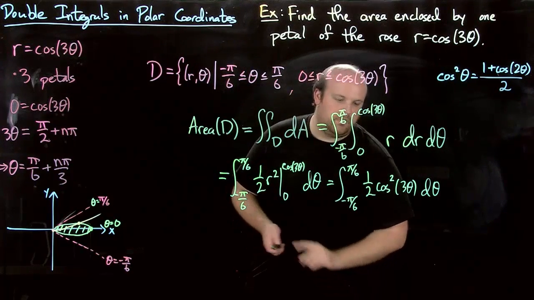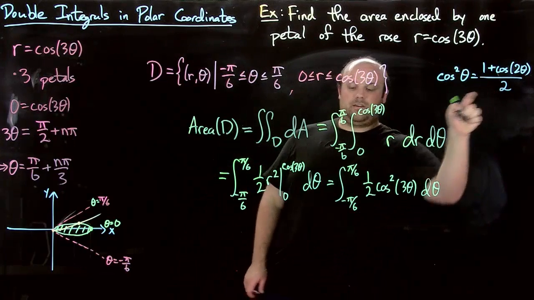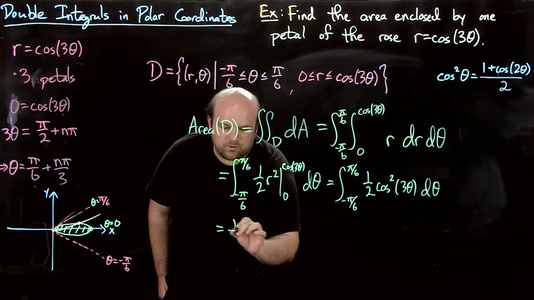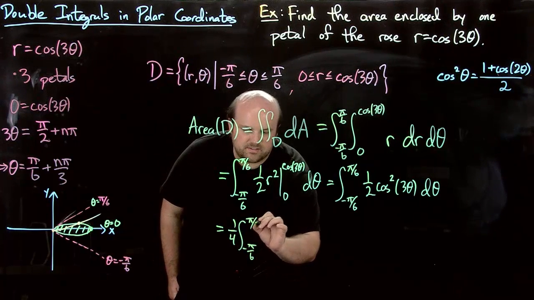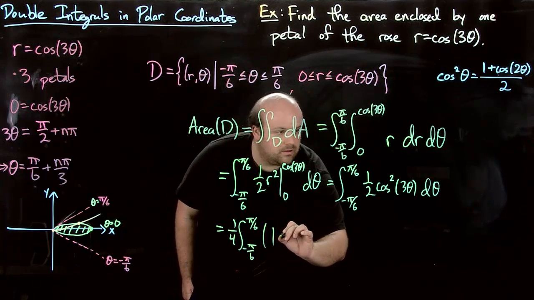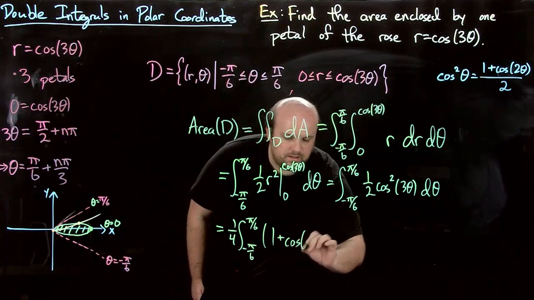So we get a 1/2 from here and a 1/2 from here. So I'm going to write this as 1/4 times the integral from minus pi over 6 to pi over 6 of 1 plus cosine of 6 theta.